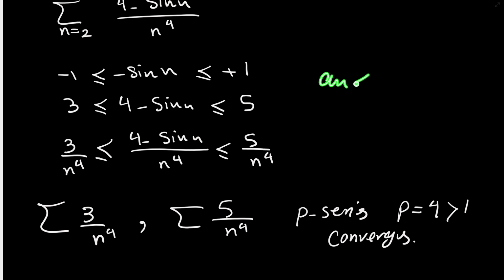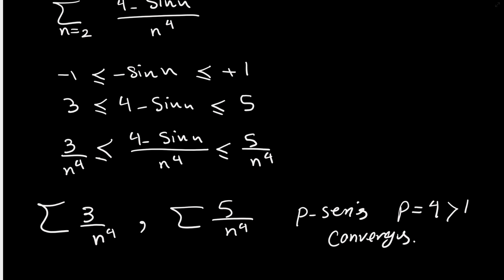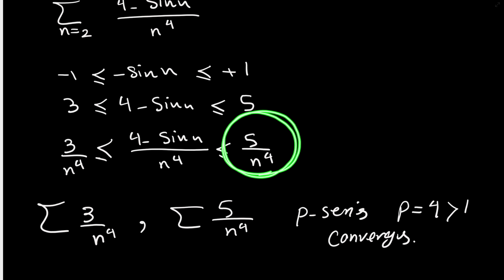We know that when an is less than bn and bn converges, then I can conclude that sigma an converges as well. So I need a series which is greater than the given series. So if 5 over n to power 4 converges, then I can conclude that sigma 4 minus sine of n over n to power 4 converges.